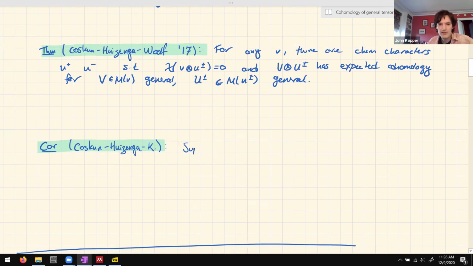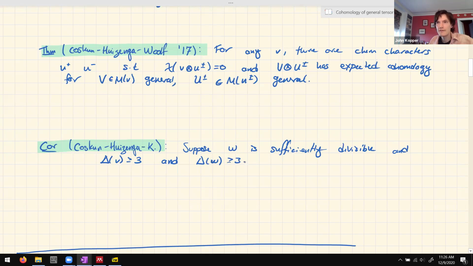I'm going to suppose W, the Chern character, is sufficiently divisible, and I'm also going to assume that the discriminants of my V and W are at least 3. Then we have expected cohomology.